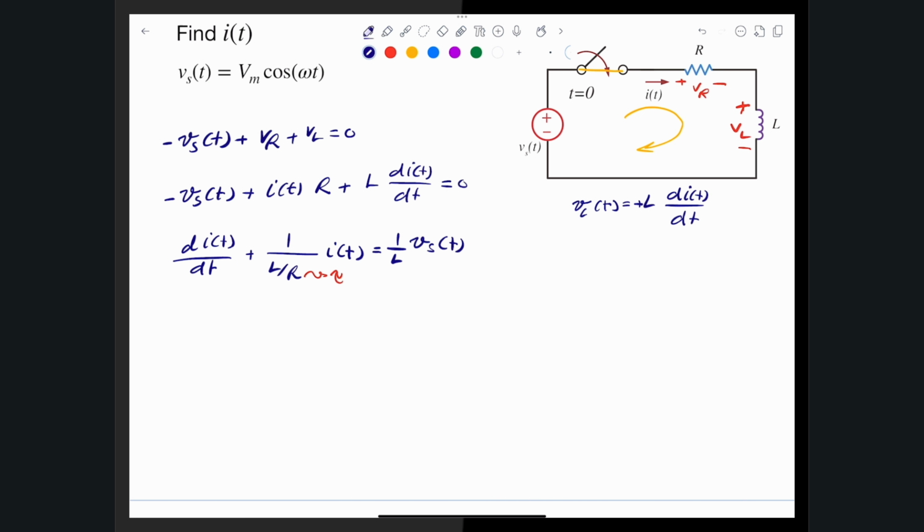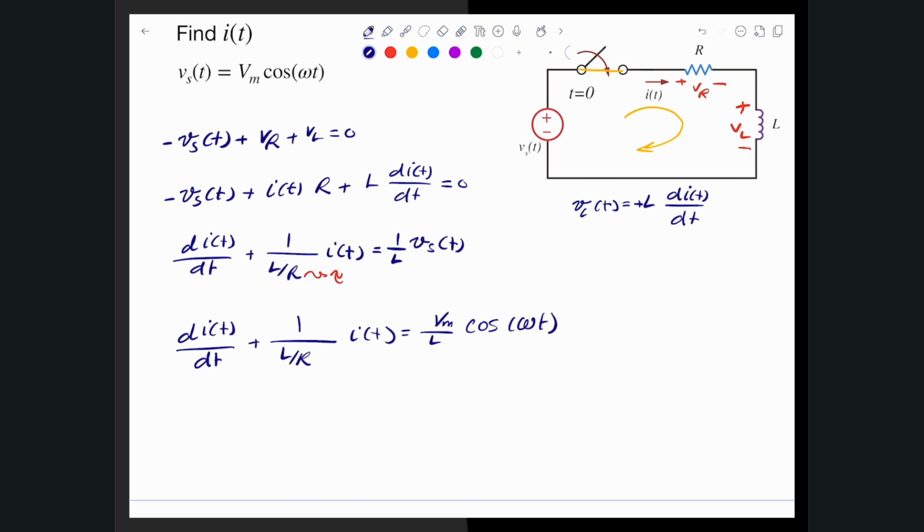And we substitute what Vs is, which is simply this particular sinusoid, and we end up with di of t divided by dt plus R over L times I of t equals Vm divided by L cosine of omega t.